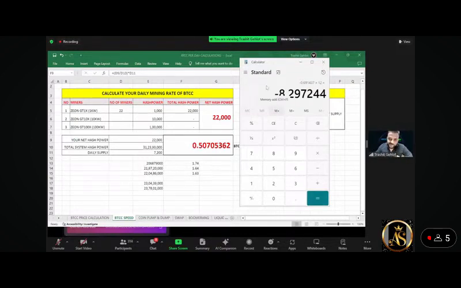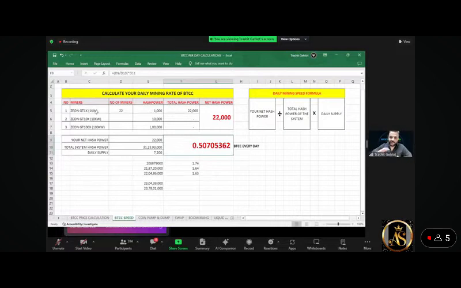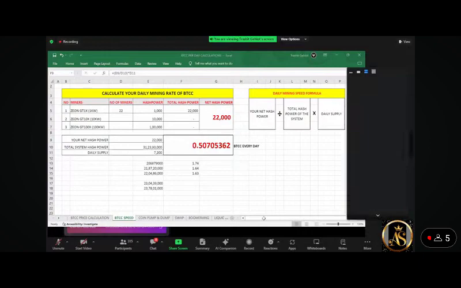Do you realize, 8.29 BTCC in a year? Just adding a single NFT to your total NFTs gives you so much of a difference, right? So I think that will be all.